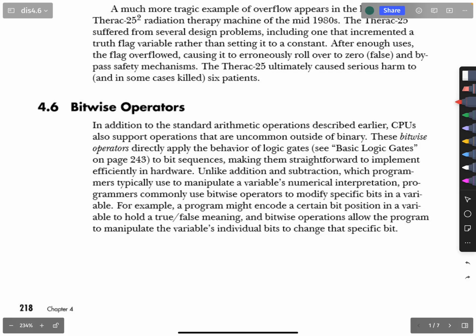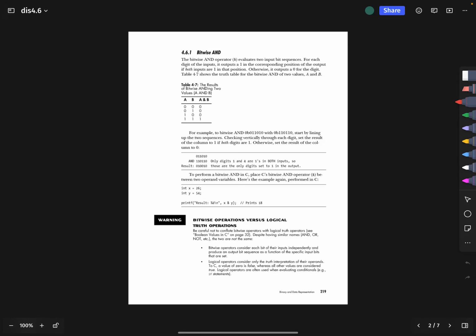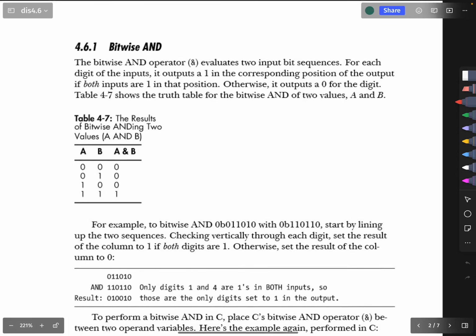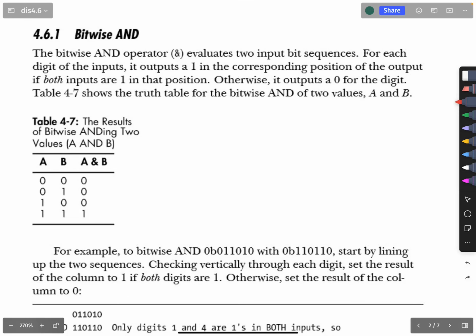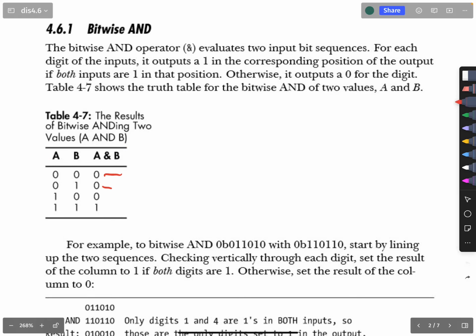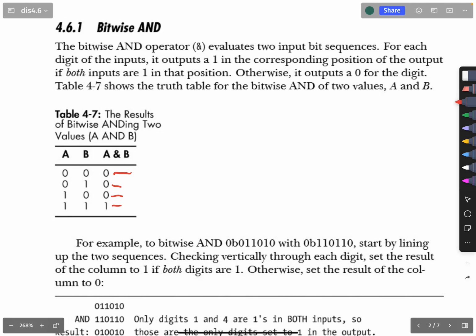So there's bitwise AND. Now keep in mind that bitwise AND is not the same thing as logical AND. Since there's a table right here, let's go ahead and see. Bitwise AND is talking about ANDing two simple bits. We often write it with the ampersand symbol. So 0 and 0 is 0, 0 and 1 is 0. This is, I think, probably to most viewers, a familiar sort of truth table for conjunction.